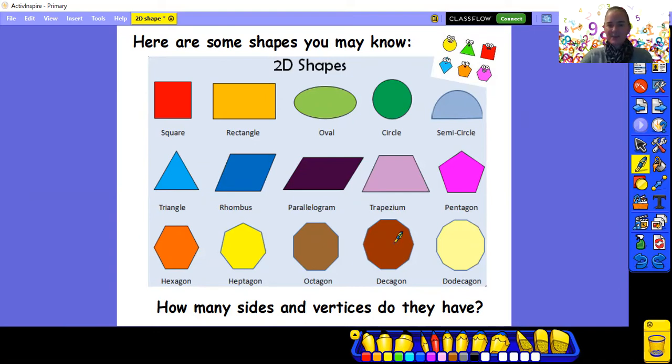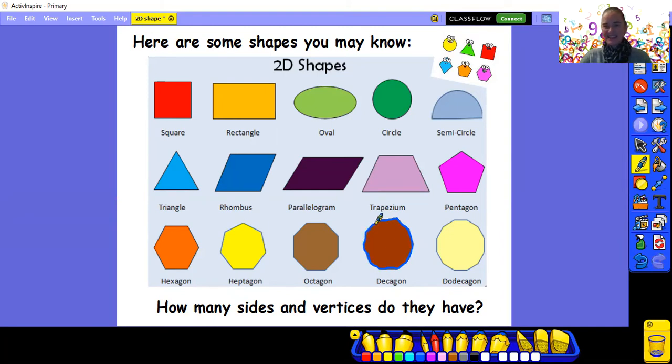So I wonder if you could challenge yourself to work out how many sides and how many vertices a decagon has got. Have a look at the screen and see if you can count them for me. I'll give you a clue. The word decade has the word dec in it. I wonder what that might mean. Let's count them together. 1, 2, 3, 4, 5, 6, 7, 8, 9, 10.